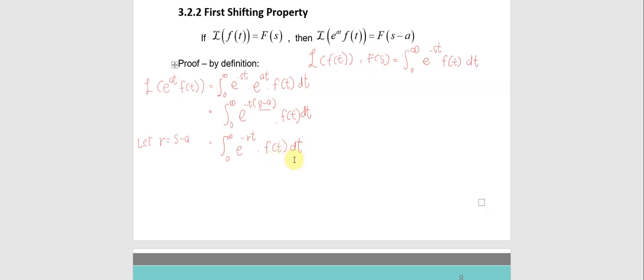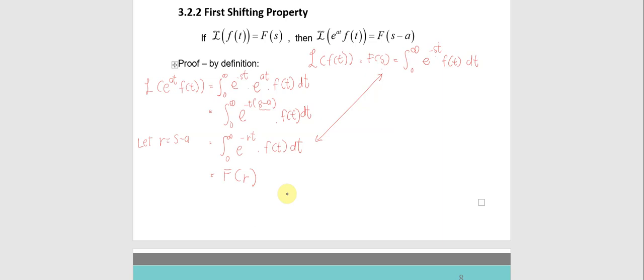So when you compare with this definition, F(s) is equal to the improper integral of e to the power of minus st f(t) dt. But here you have the improper integral of e to the power of minus rt f(t) dt. So this is equal to F(r), because e to the power of minus st is for F(s).